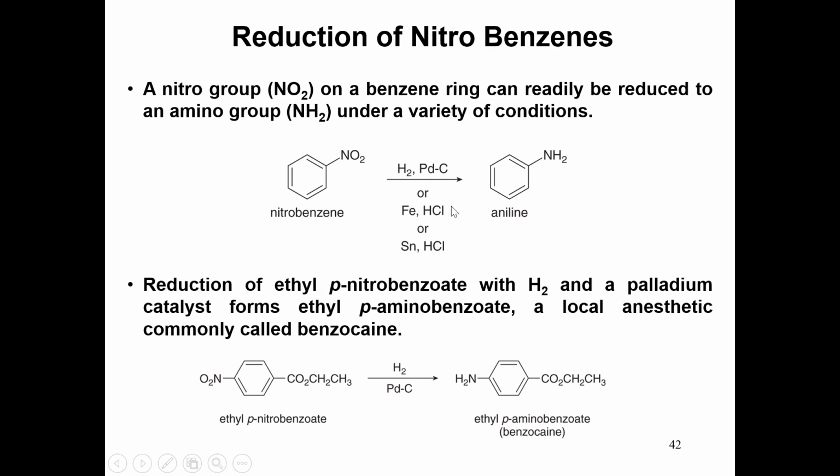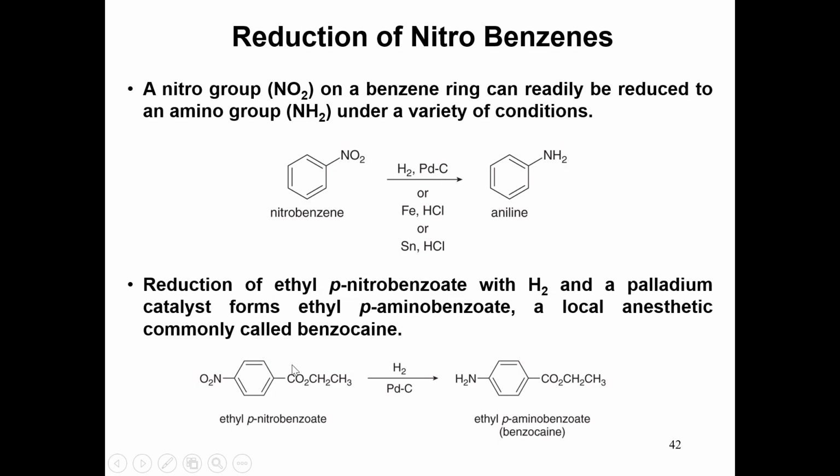Other conditions like iron plus HCl, basically iron plus the strong acid HCl, generate hydrogen. So hydrogen serves as a strong reducing agent, on different metals like tin. So this is a reduction reaction, and nitro groups can be reduced to amine groups.